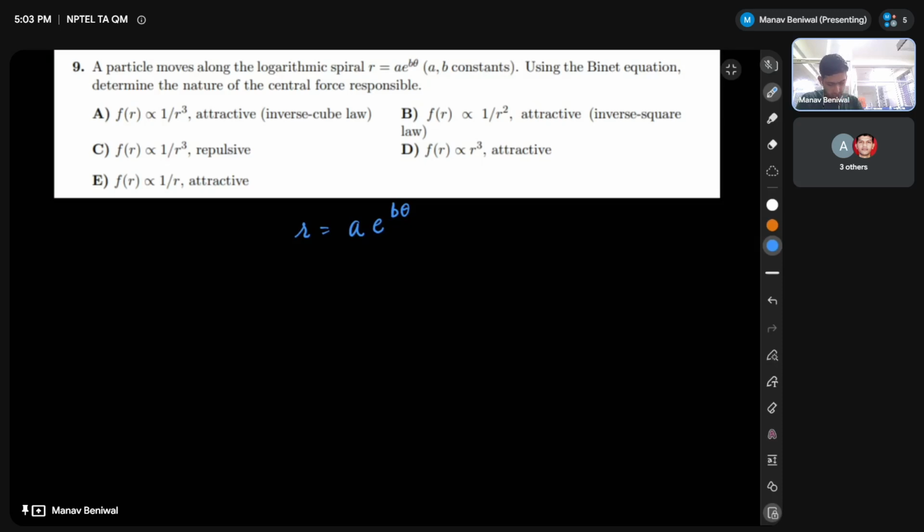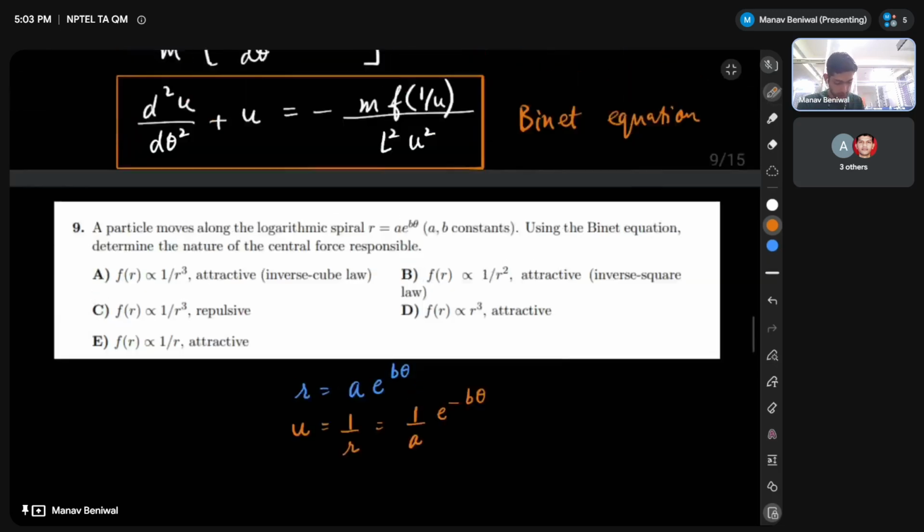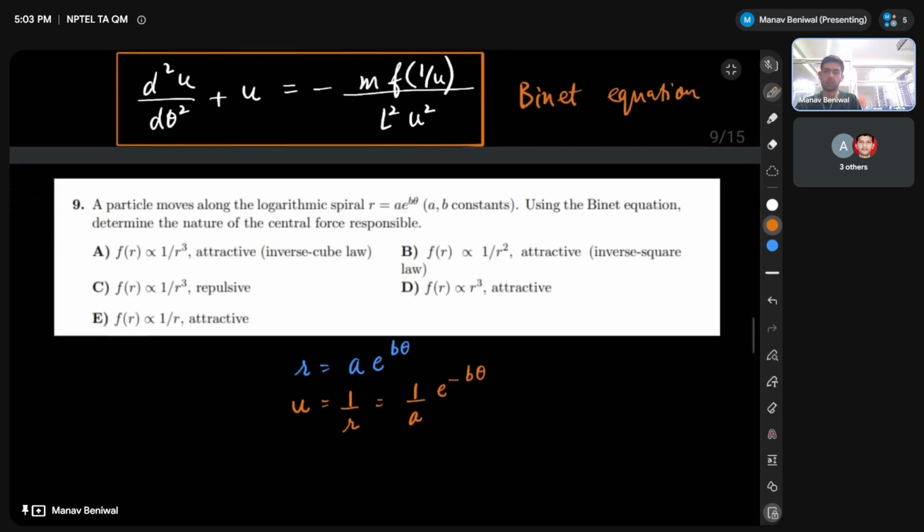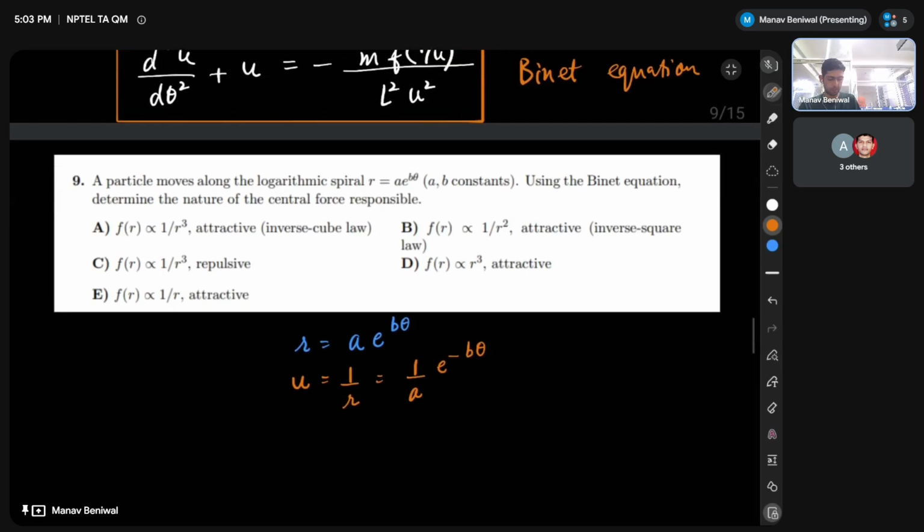So first thing that we do, if you remember, is write what the corresponding u will be. So my u, which is 1 by r, will become 1 over a e to the power minus b theta. Now this is my u, and in this equation I need u and I need the second derivative of u with respect to theta. So this is my Binet equation. Let us find d2u by d theta squared.